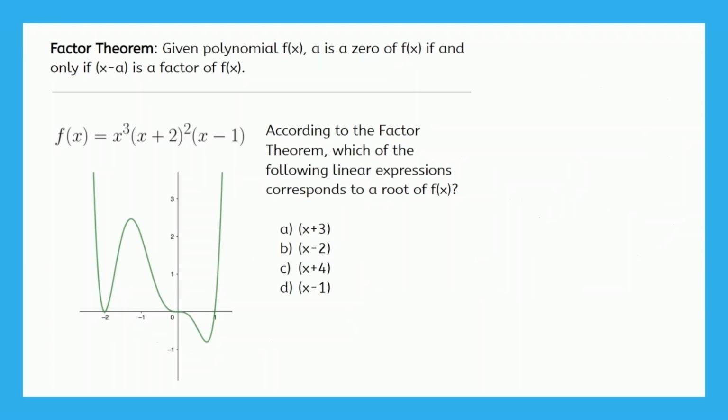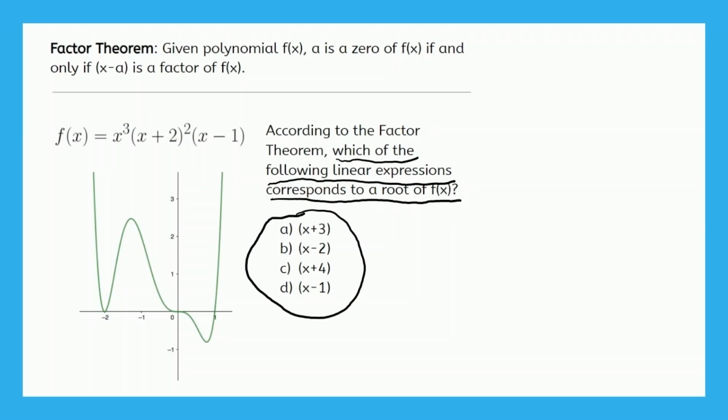Okay, so now that we understand the factor theorem on a practical level, let's try to answer this question as easily as possible. When they say which of the following linear expressions corresponds to a root of f of x according to the factor theorem, they're just saying which of these is a factor of the original function, because we know that if one of these is a factor, we can find the 0 from that factor.